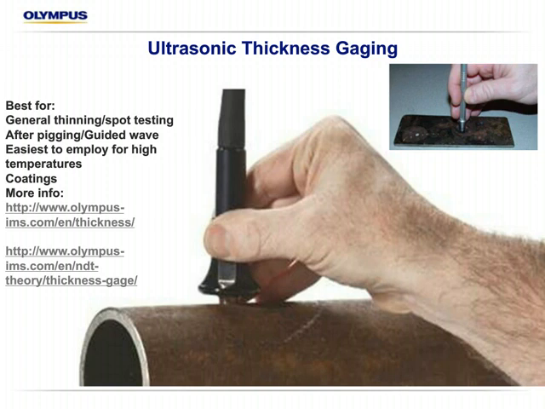So in general, we find that ultrasonic thickness gauging, the low-end data point taking, is really best for general thinning, spot testing, maybe after a pigging or guided wave screening where there's suspected corrosion and you want to go in and find a nominal value for that.